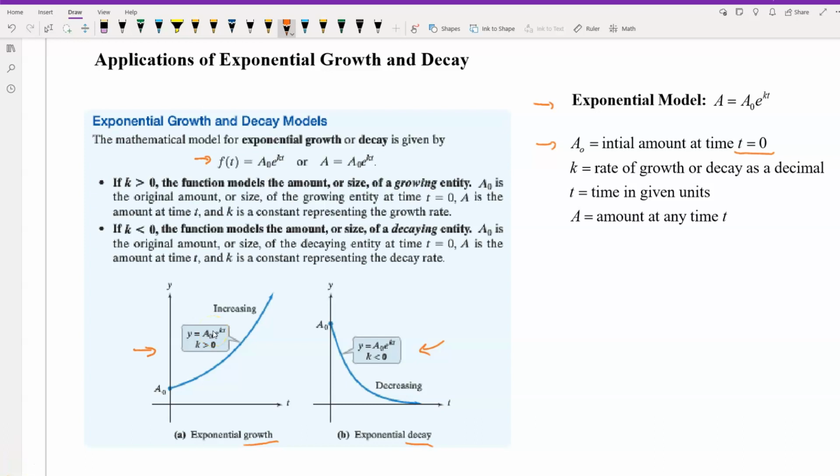So in part A, we have growth. That means from left to right, this graph is increasing. That's why we have growth. And here, part B, from left to right, this graph is decreasing. Because of that, here we have decay.